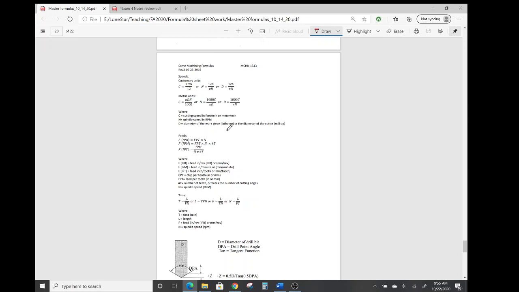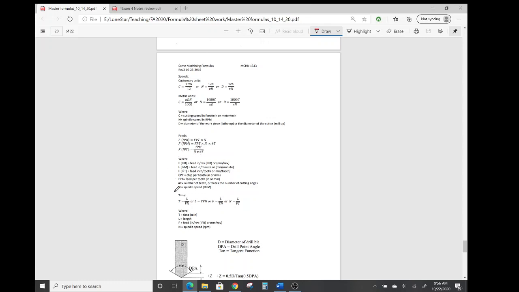That'll be in inches. Feeds, we will be doing IPR. There are many ways to do feeds. If you go back to Carbide Depot and look at all those different interactive formulas and calculators that they've got, you'll see that there's a way to do it for IPR, IPM, IPT: inches per revolution, inches per minute, and inches per tooth. We will be dealing in IPR.